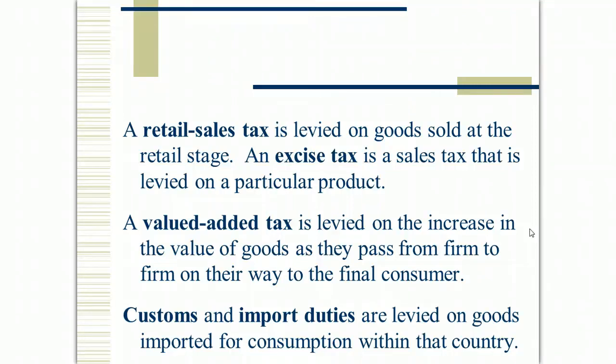In Ireland we don't have a sales tax, but we do have a VAT, a value added tax. This differs from a sales tax because it's levied at every point of production. As the product passes from firm to firm, VAT is levied, and it's levied on the value added.